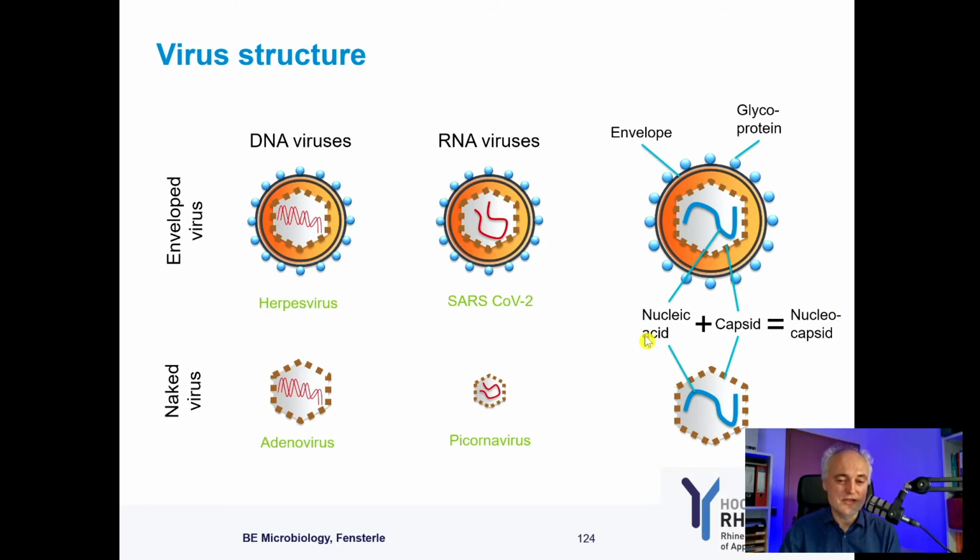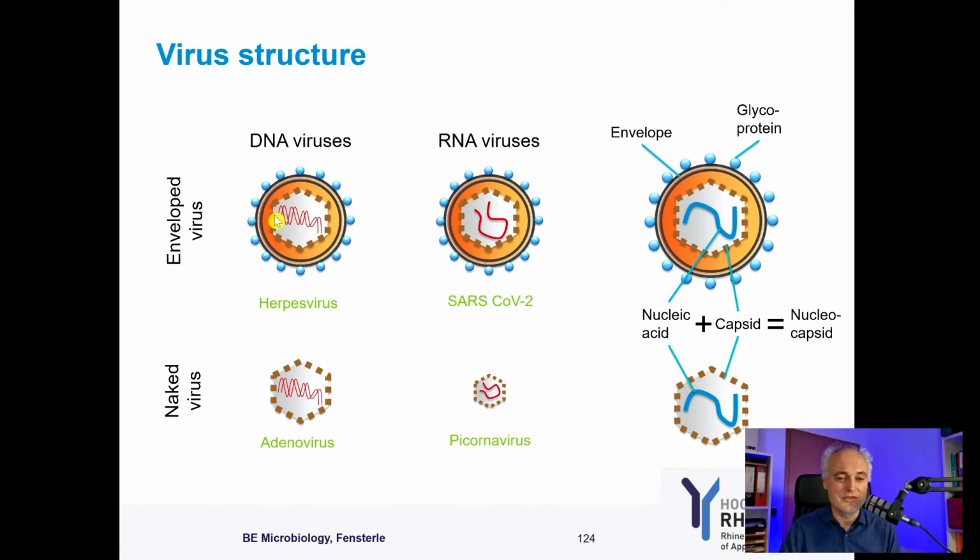So naked viruses just consist of this nucleocapsid, basically, and enveloped viruses have in addition an envelope and the glycoproteins inside. Viruses contain either DNA or RNA, not both. So for classification, obviously, you take this into account. DNA viruses are viruses which have DNA inside, believe it or not, and RNA viruses are viruses which have RNA inside.